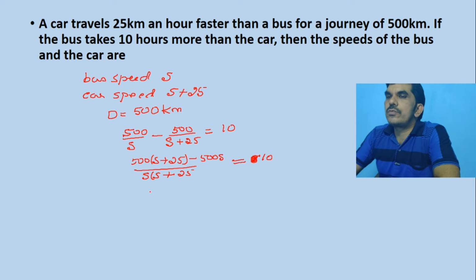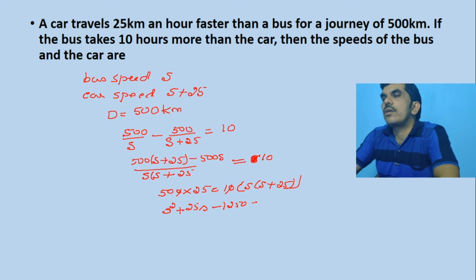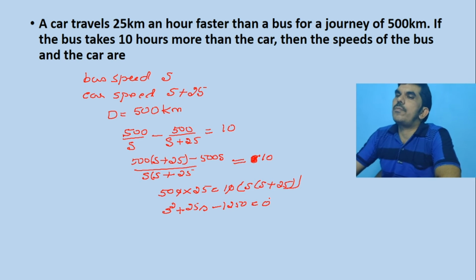So 500s gets cancelled. 500 into 25 equal to 10 into s into s plus 25. So 1 goes cancelled. So it becomes s square plus 25s minus 1250 equal to 0.